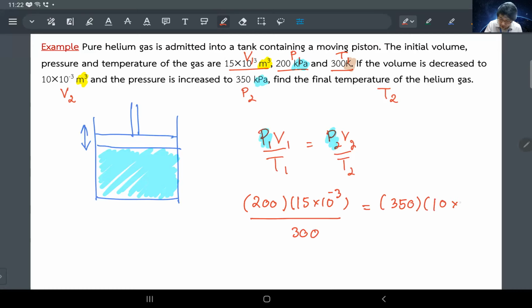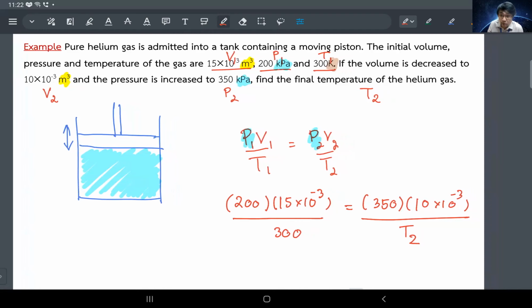The new volume is 10 times 10 to the negative 3. And the temperature is what you want to figure out. We will do more and more of this in more complicated scenarios, but for now this is just to showcase how to use this relationship. Cool. Keep going. No questions, I hope.